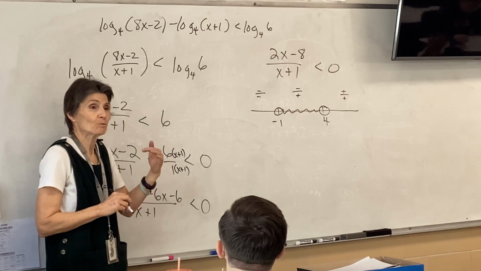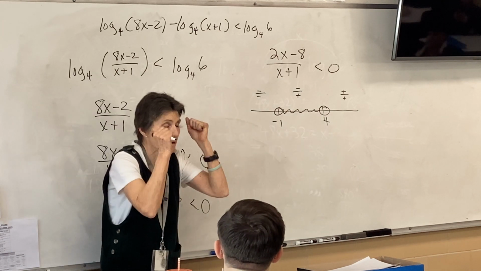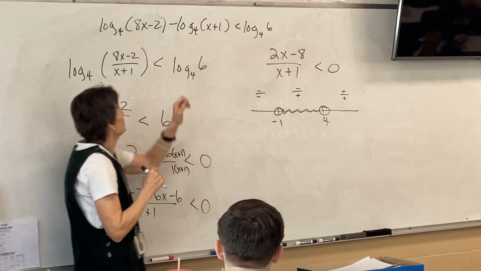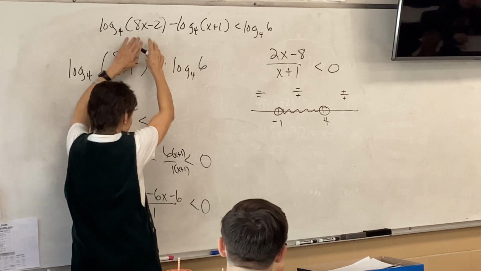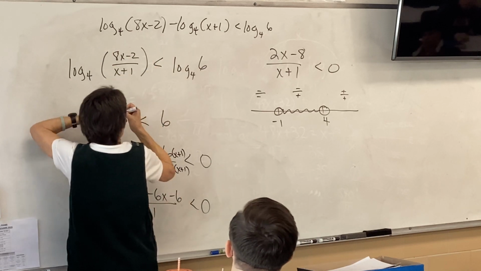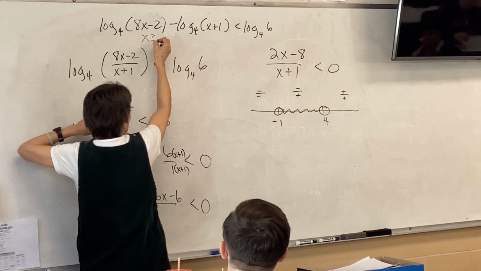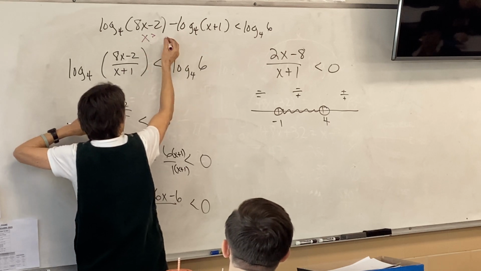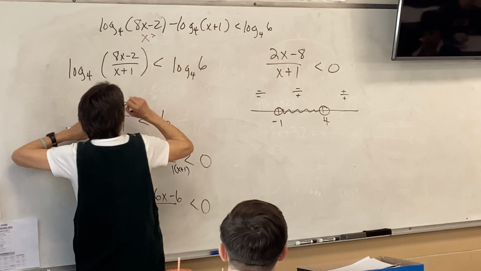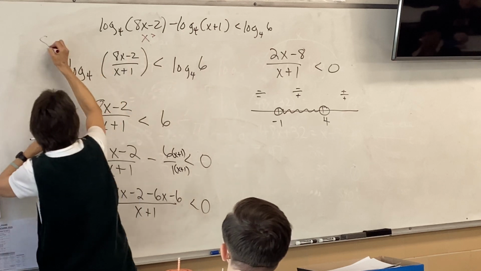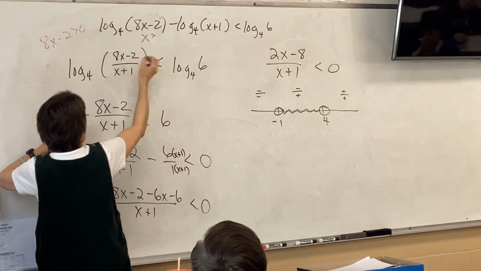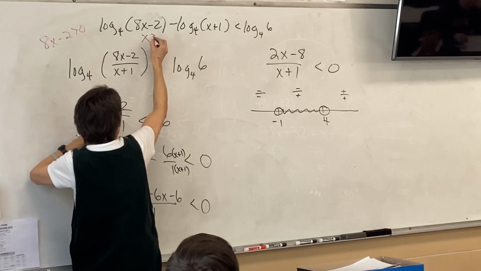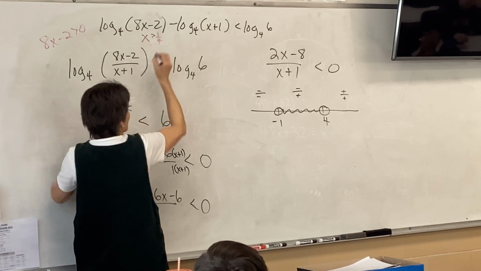Alright, why am I not done? What do I have to remember in a logarithm problem every single time? It can't be negative. What does this tell me about x? This right here says x has to be greater than 0. Well, 8x minus 2 has to be greater than 0, which means x is going to be greater than 1/4.